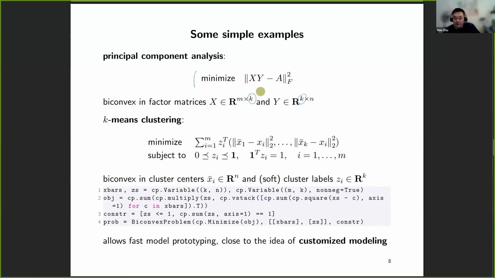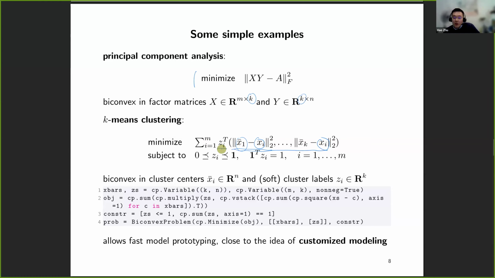So I will just briefly parse that. Here, x_i are the data points that we want to cluster, and these x bar are the variables, the cluster centers that we want to find. These factors specify the distance of each sample to the cluster center.